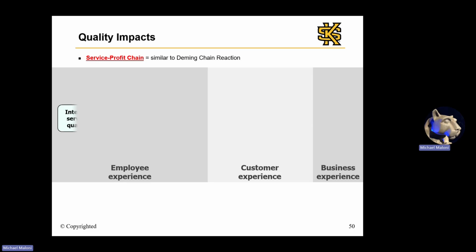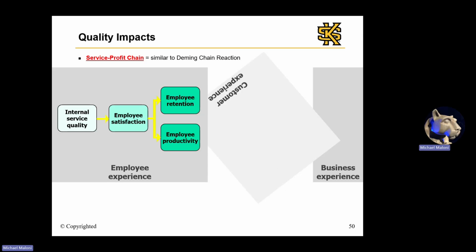For instance, internal service quality means employees have the right tools and the right resources to do their job well. So think about that for a second. Do you have the right tools and resources to do your job well? So internal service quality leads to satisfied employees who not only stay, they're retained, but they're also more productive.